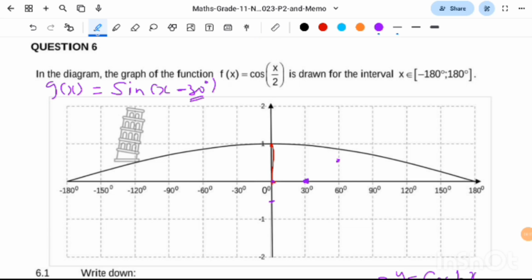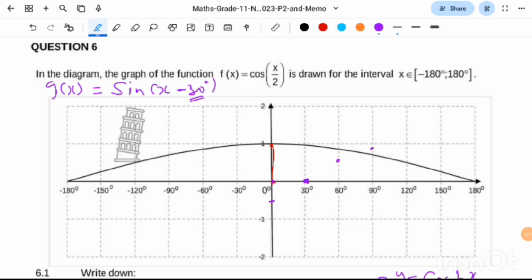Then sine 90 minus 30, okay, I was right, is 0.8, which is somewhere there.